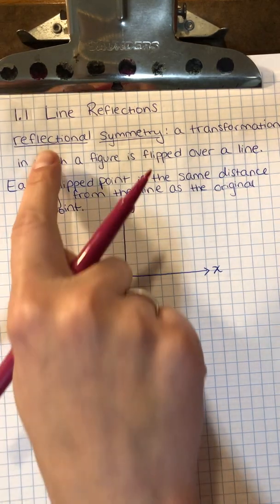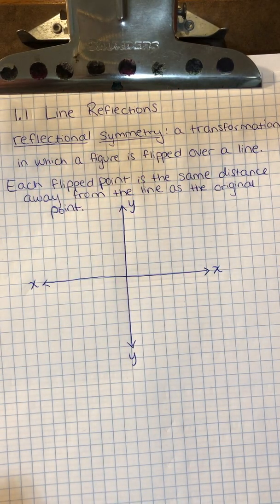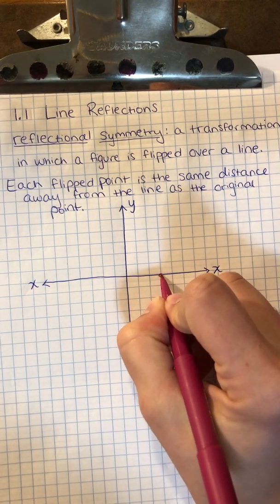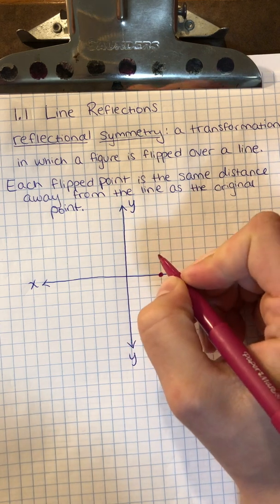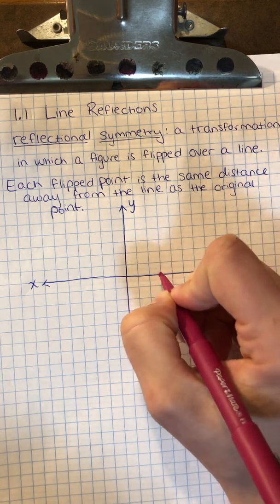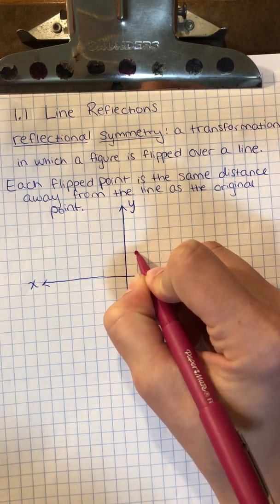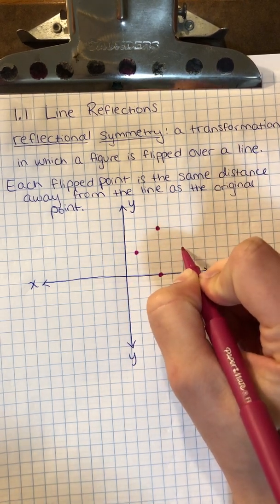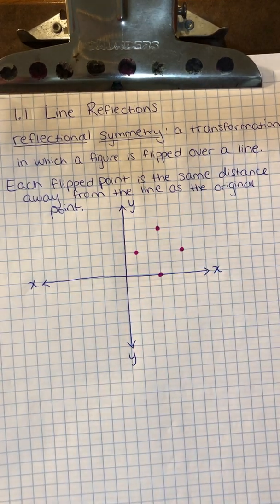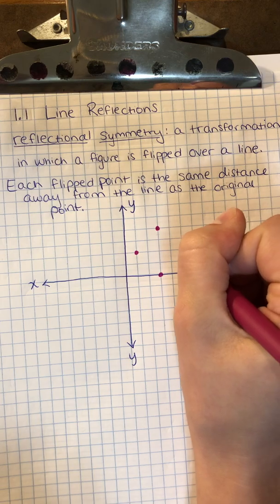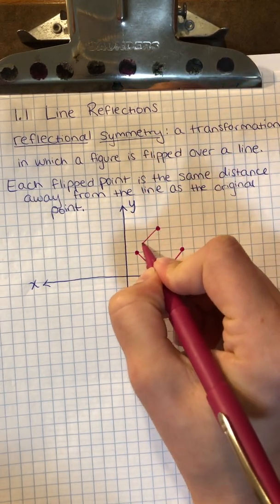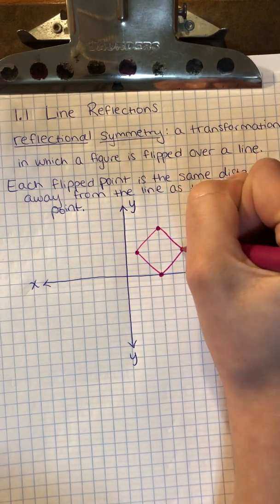So we are going to use reflectional symmetry to flip a shape on this grid. The shape we're going to flip is a square, but it's not a straight up and down square. Thinking back to our Pythagorean theorem unit, we're going to make a tilted square. So it looks kind of like a diamond. And then when we go ahead and connect those sides, it forms a tilted square.